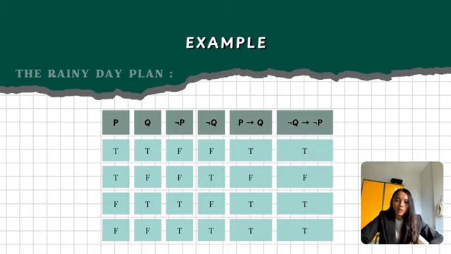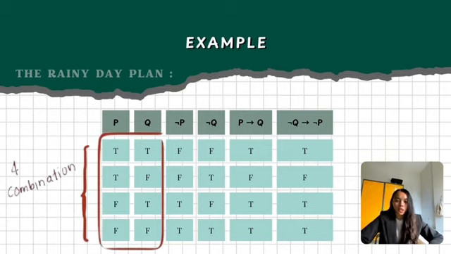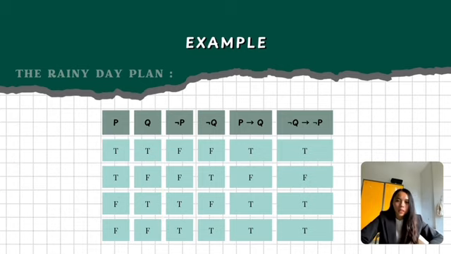First, we list all possible combinations of truth values for P and Q. Since there are two variables, P and Q will have 4 combinations. Then, we compute the truth value of each expression, P implies Q and not Q implies not P, for every row. Finally, we compare the columns.